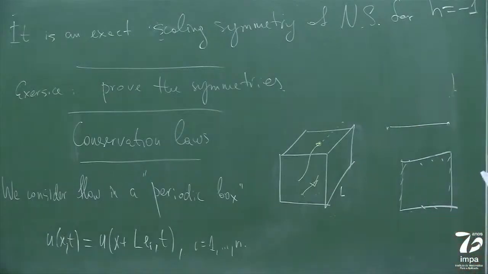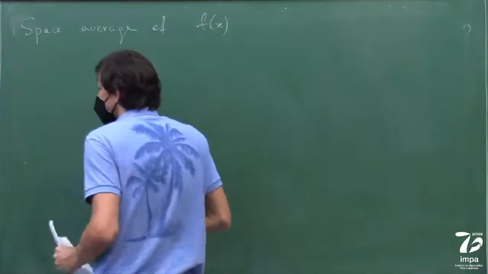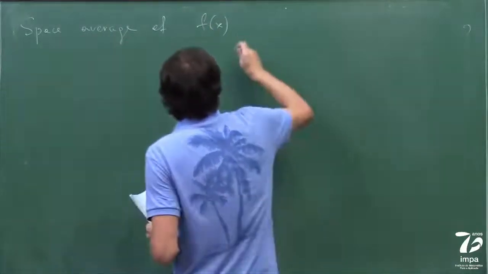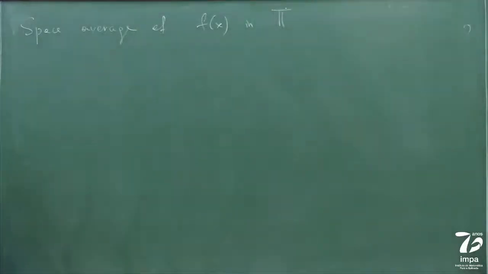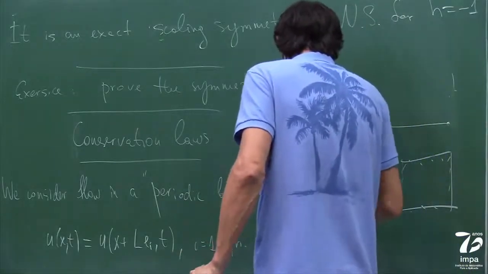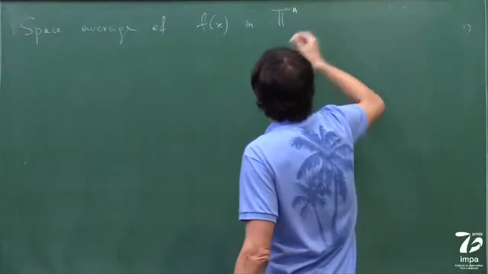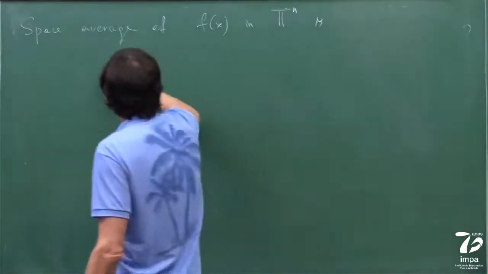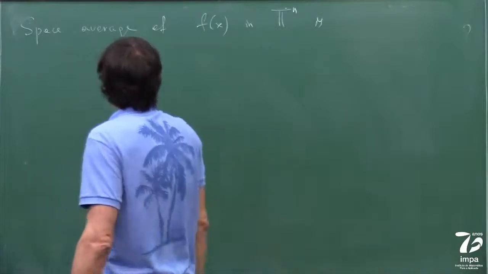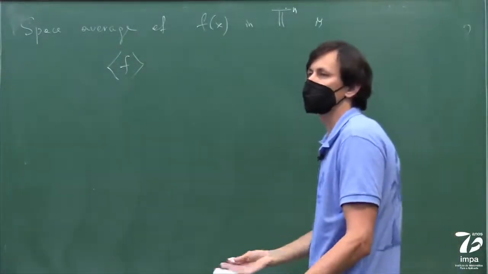Whenever you want to take the space average of some function f of x in a periodic box, usually called T^n, where T^n means that you're periodic in all directions, we'll denote it by this angular bracket. It's just the integral over the torus.